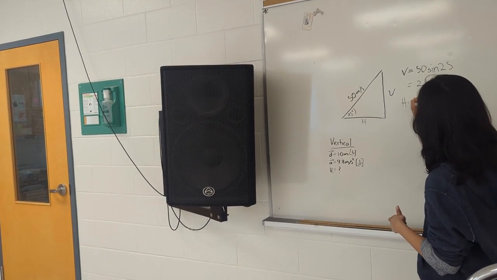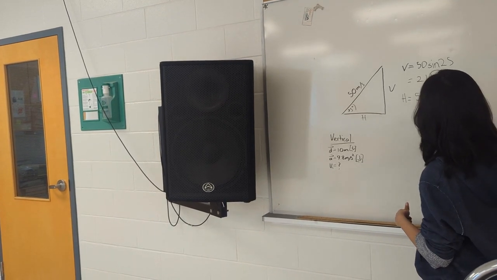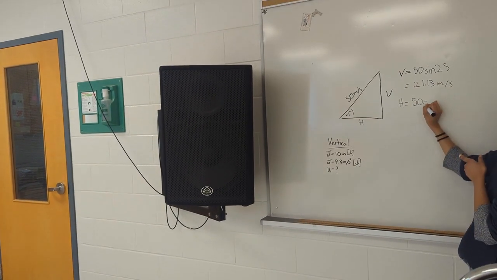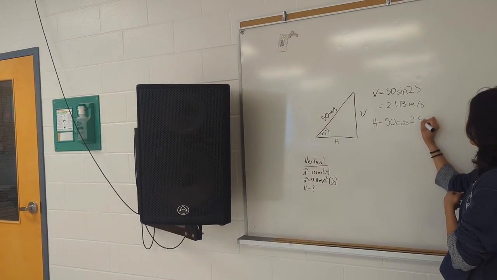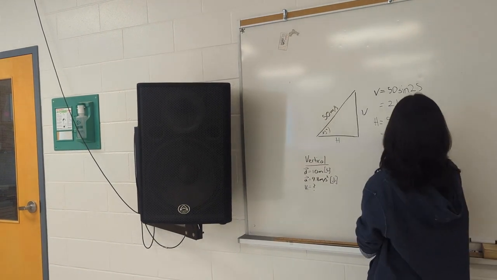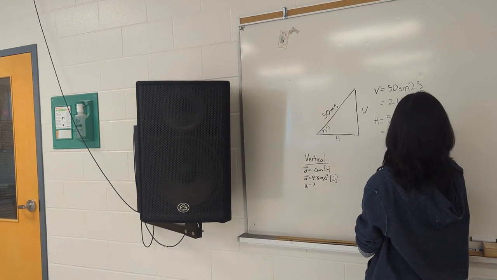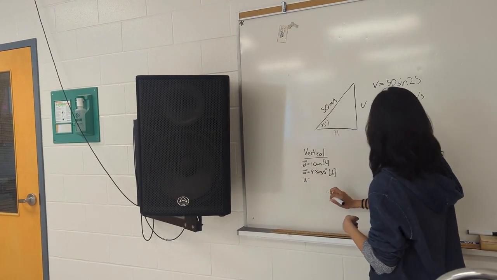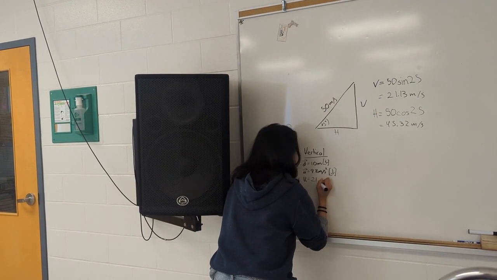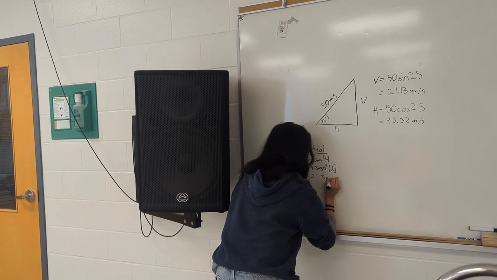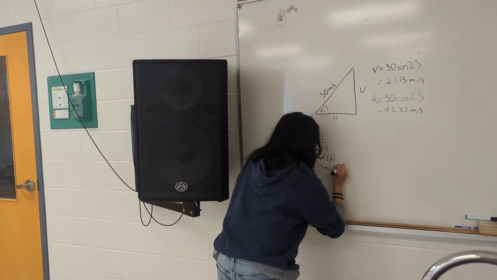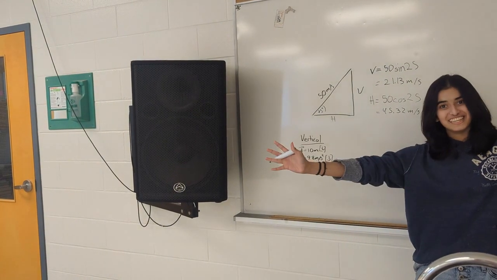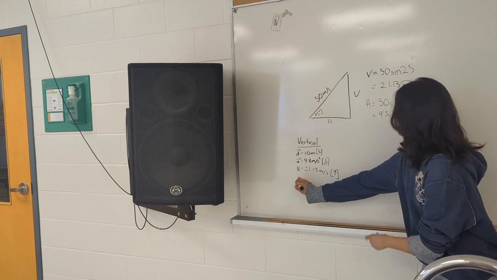And horizontal would be adjacent over hypotenuse, which would be cos 25, which is equal to 45.32 meters per second. Now we have velocity initial, which is equal to 21.13 meters per second going up. Now we can use a motion equation to solve for time.